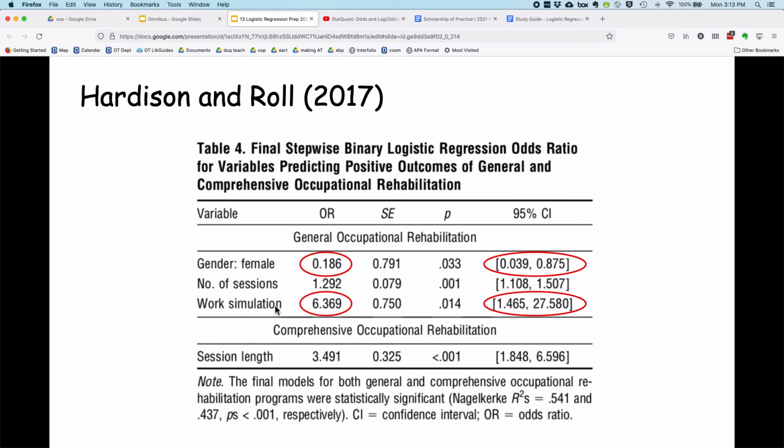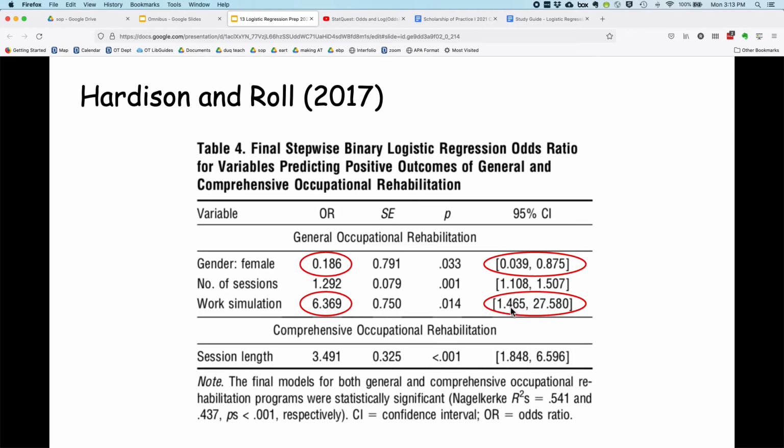Similarly, for work simulation, the clients that got work simulation were 6.369 times more likely to have a positive outcome than people who didn't. And you can see from the confidence interval that the potential range is huge. So they know there's an effect because one is outside the confidence interval.